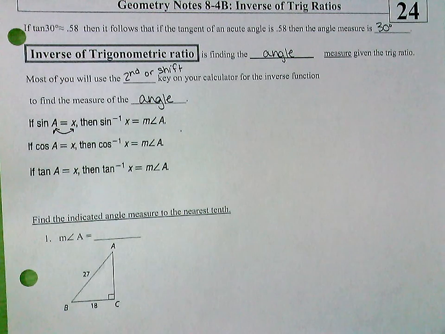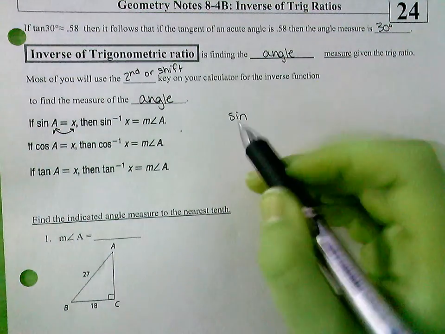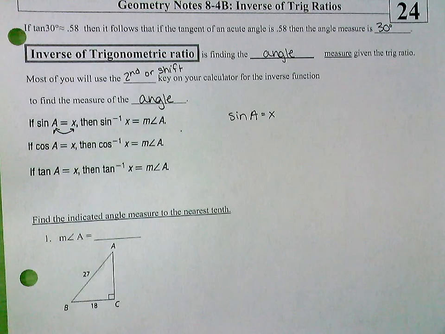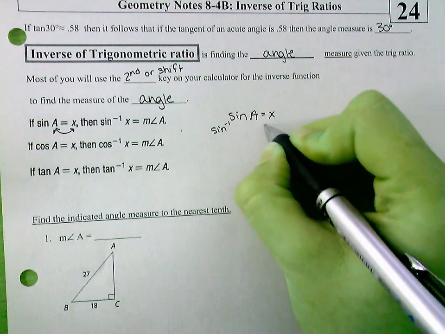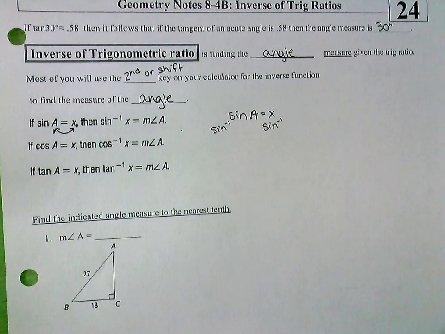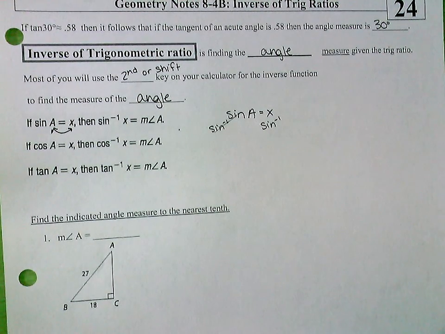Now, the actual way it happens, if I have sine of A is equal to x, I can bring in that sine inverse on both sides of my equation. What that does is cancel out both of those on the left-hand side.